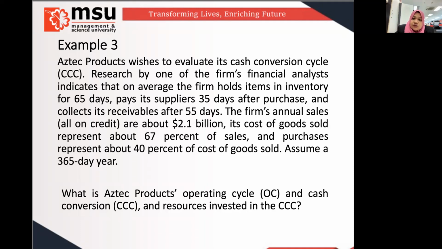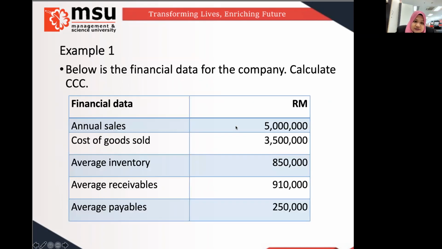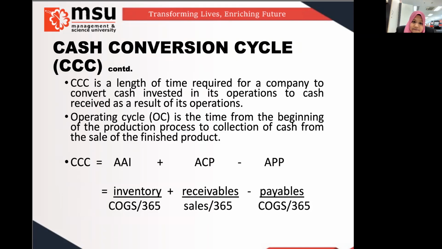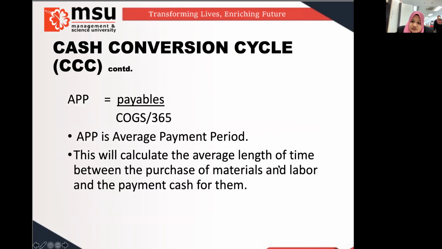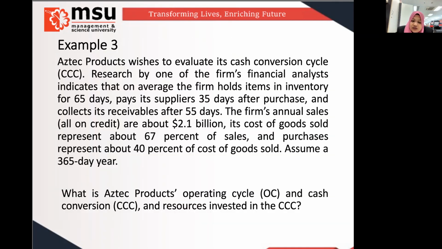So what you need to do is using the same formula as this. Okay, so you have to plus inventory minus account receivables minus account payable, and then you will get how much is the resource that have been invested. Means that how much money that have been used during the cash conversion cycle.